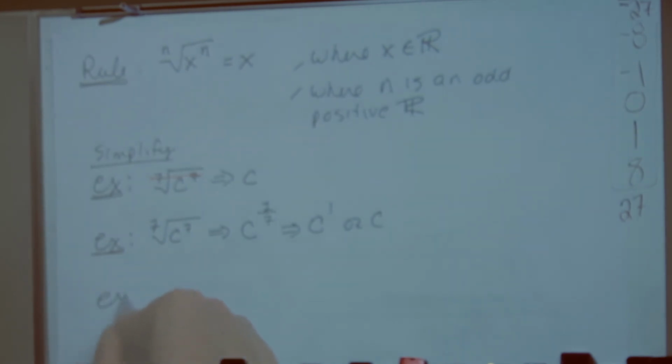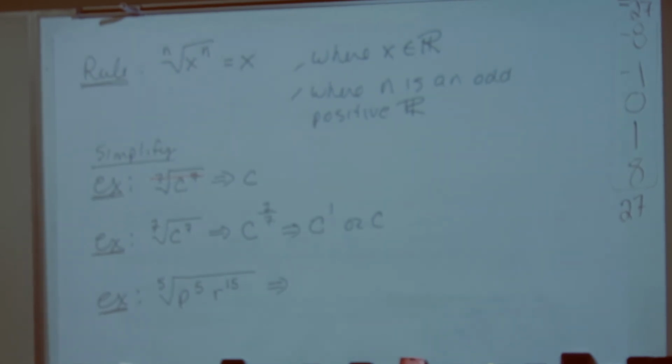All right. If I give you the, let's see if you guys remember this, the 5th root of p to the 15. All right, now we're kind of not dealing with the x to the n over n, excuse me. But this is reminiscent of what we did last time.